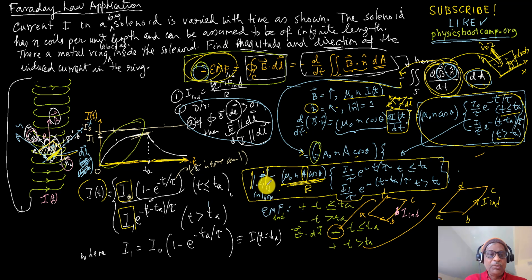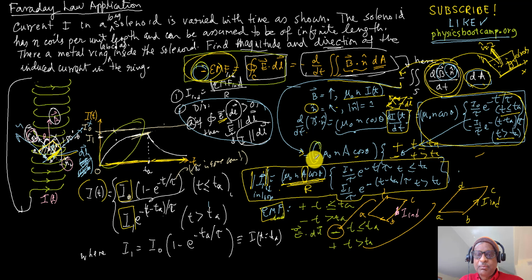Now I want to know which way the current will go. Will the current go in the same direction as I chose for the loop, or is it going to go in the opposite direction? Well, that depends on which way the electric field is. So for the induced EMF, if you look at this over here, this side is positive, and then there's a negative for t less than TA and t greater than TA.